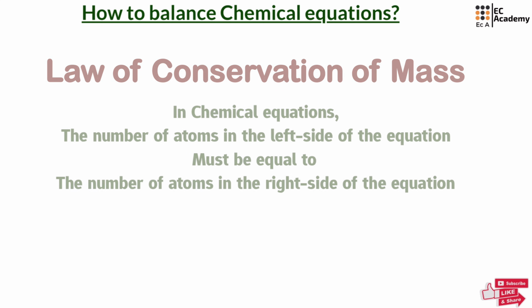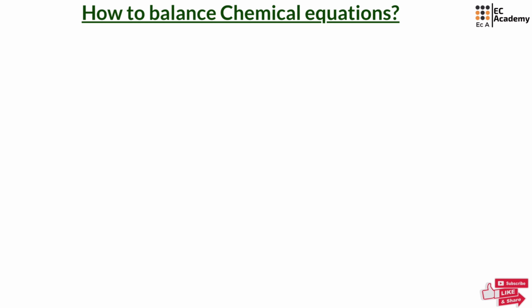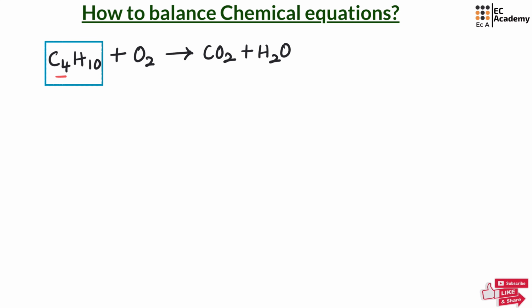Let us begin. Let us consider equation number 1, where butane plus oxygen will produce carbon dioxide plus water. This chemical equation is unbalanced. Now, let's balance the equation. First, look at the carbon atom. On the left side, butane contains 4 carbon atoms.